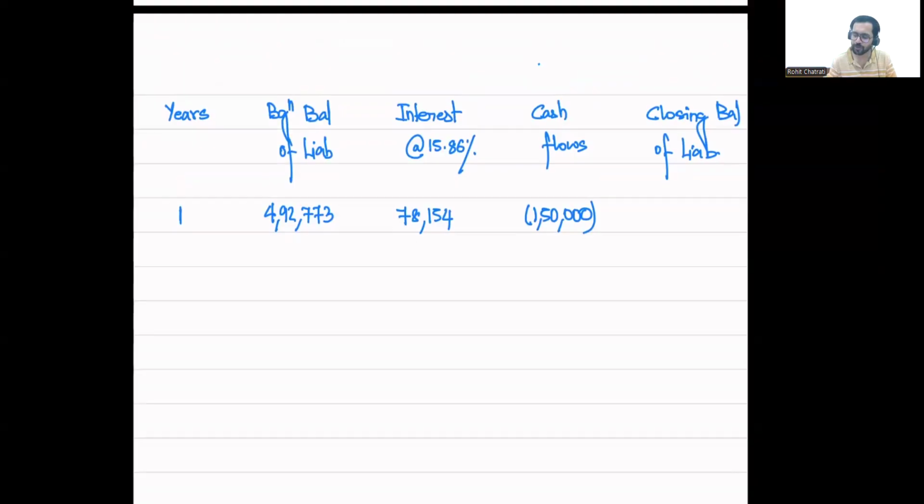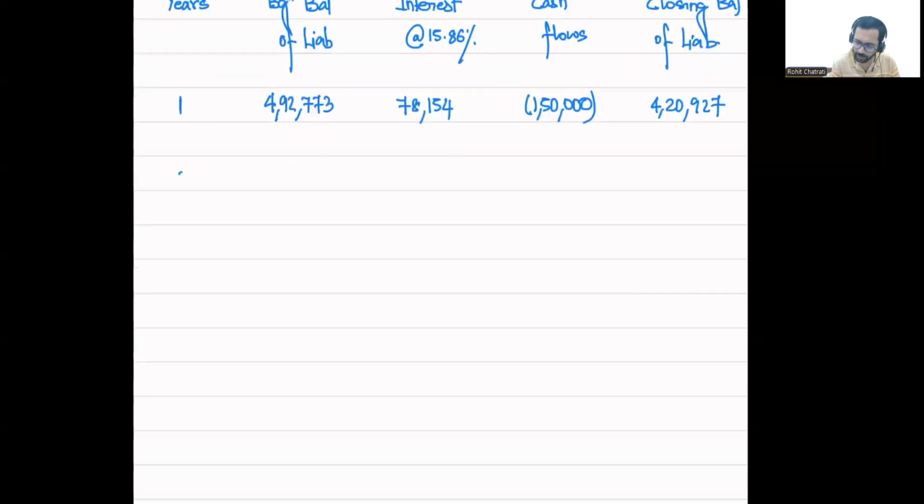The cash outflow each year will be 1,50,000, and therefore the closing balance of the liability will be 492,773 plus 78,154 less 1,50,000, which is equal to 4,20,927.